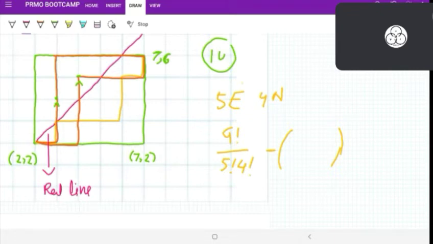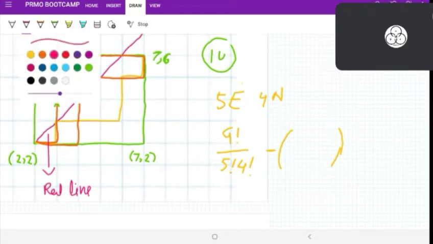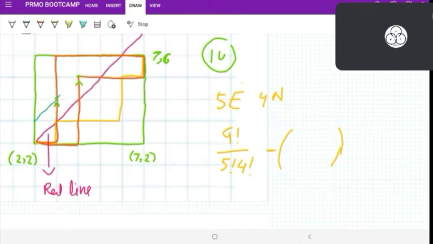That means all the paths which cross this red line should cross or at least touch this line. Let me draw it with a different color. All the paths which cross this red line should at least touch this blue line, or cross it.